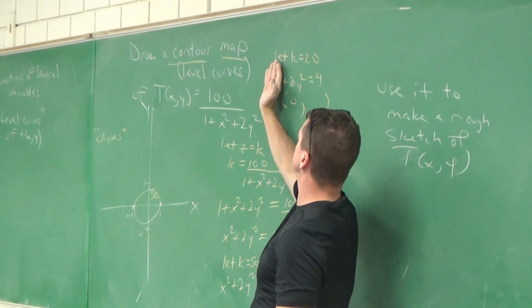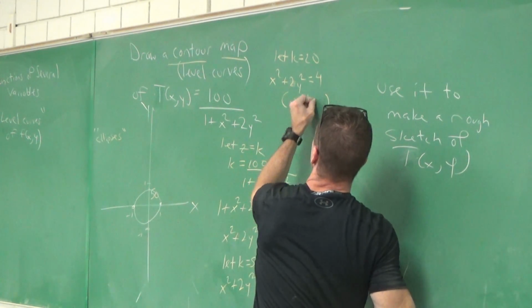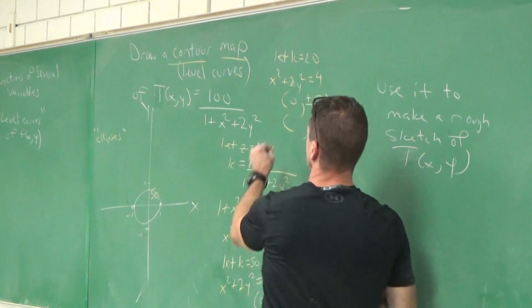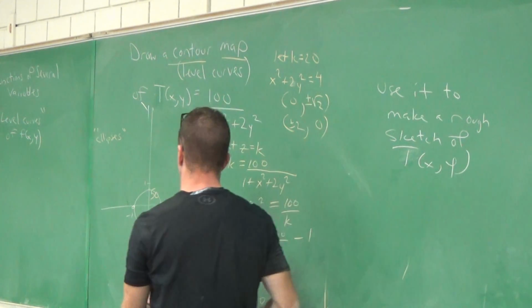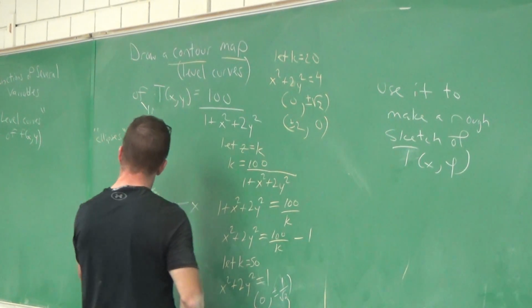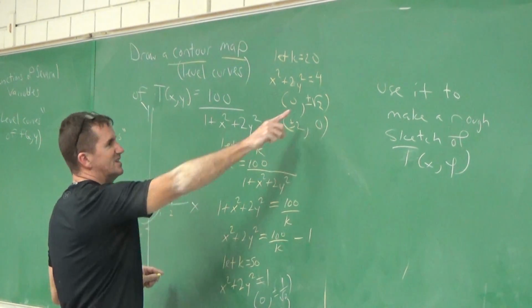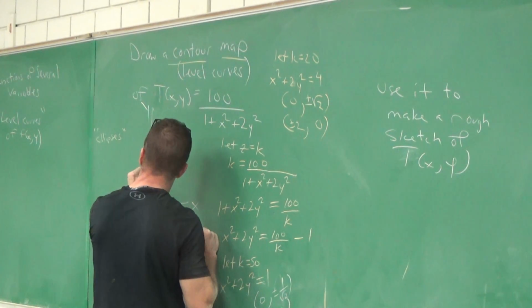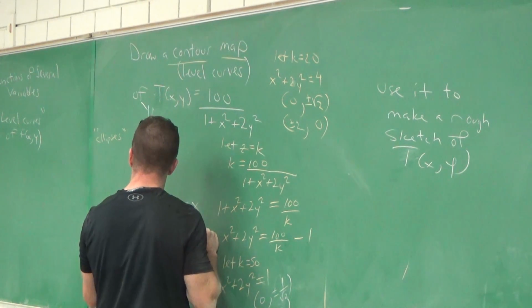Plus or minus root 2. What's going on at y equals 0? Plus or minus 2. Got the negative 2. But root 2 is about 1.4, so 1.4 would be about right here, and negative 1.4 right there.